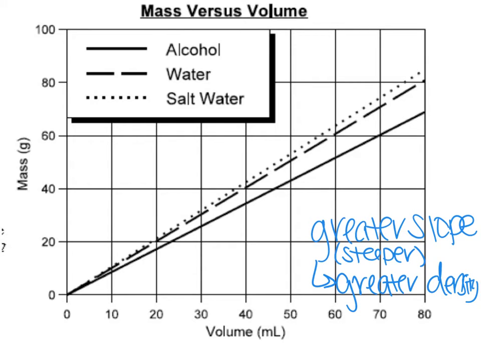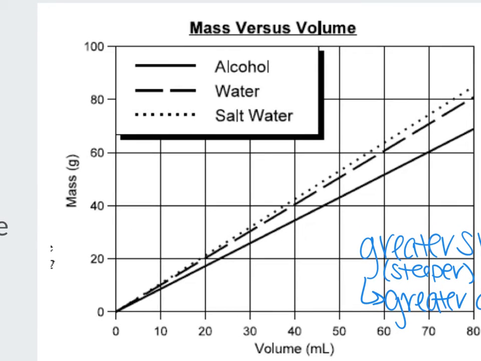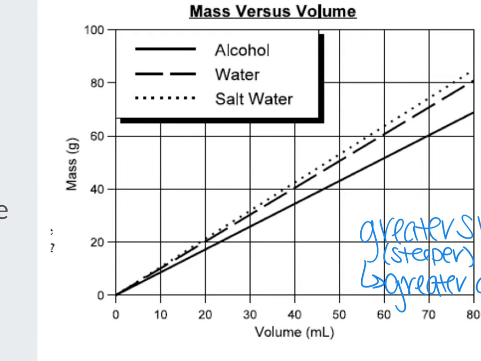Could I solve for density too? Okay, so we want to try to find a place where it crosses the line nicely. Do you see anywhere where it crosses nicely for the dotted line? Oh, not really. But what about right here? What is the rise and then the run for that point right there?